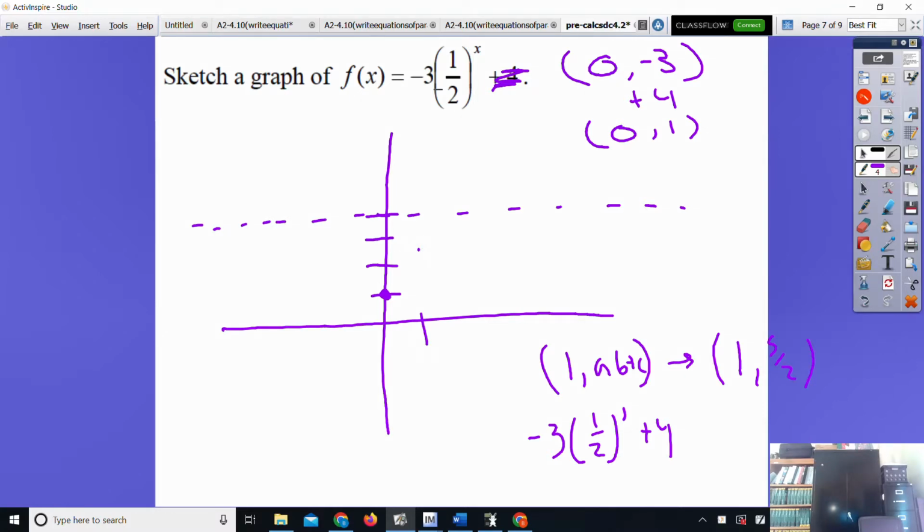Normally when you do exponential growth, you see something that looks like this. But what's out front of this thing? That causes a reflection. Now it looks like this. They're not that hard to figure out. If you draw in the horizontal asymptote, you'll see, oh, I can't cross that line.